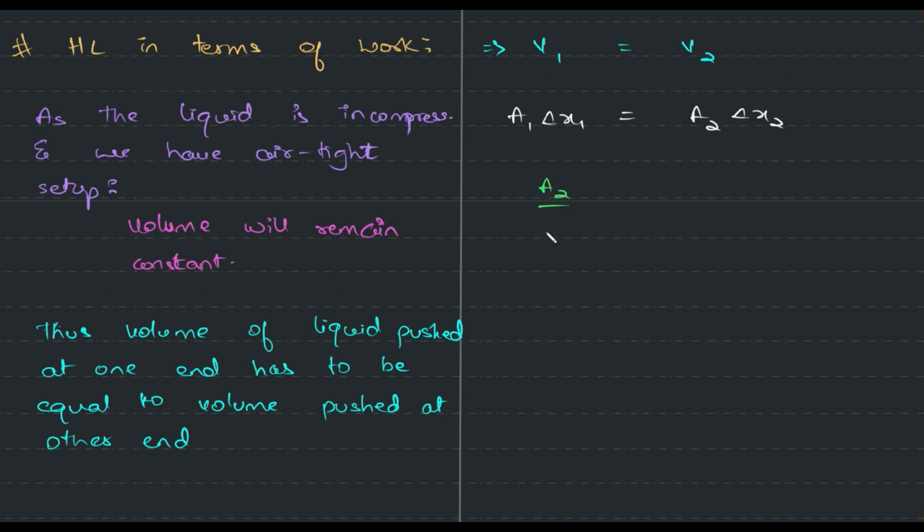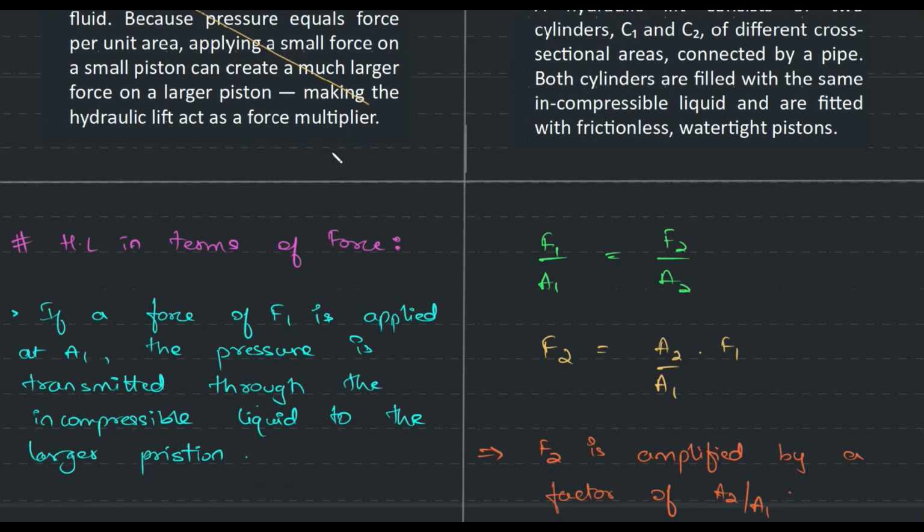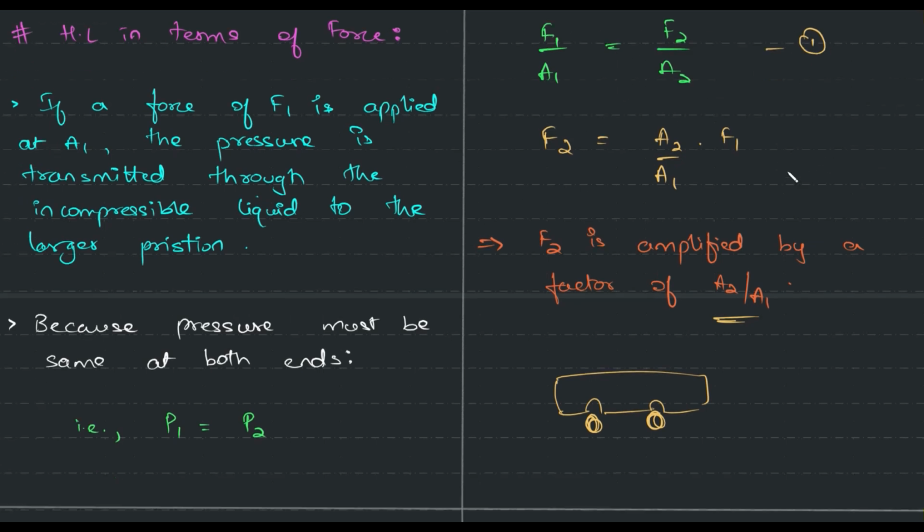When I rearrange, A1 by A2 will be equal to delta x1 by delta x2. So if I call this 2 and this 1, from one end what can we tell?